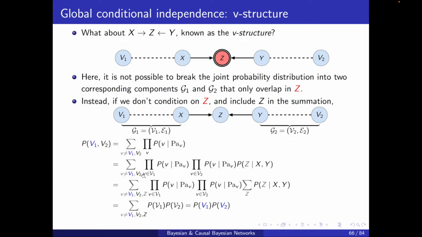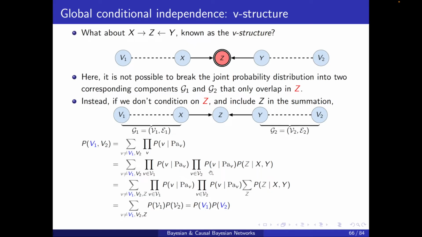So I will have all of this subgraph in this part, all of the second subgraph in this part, and for Z I will have P of Z conditioned on X and Y. But this time the summation includes Z. Okay, so I'm marginalizing it out.